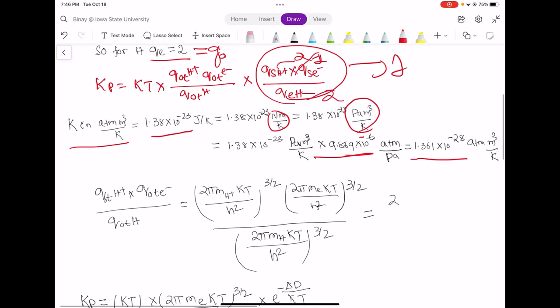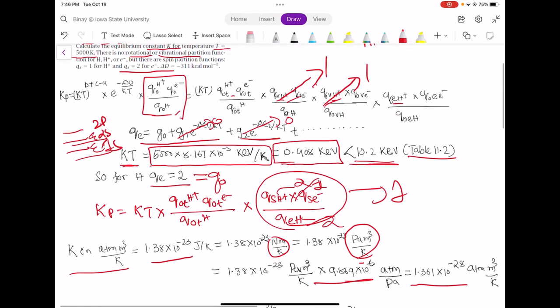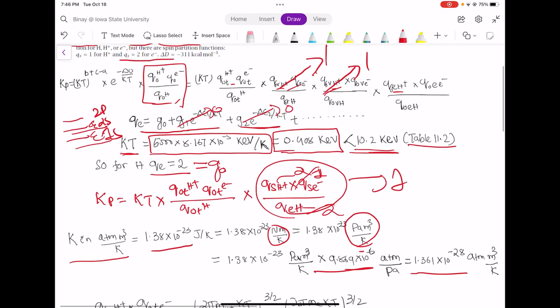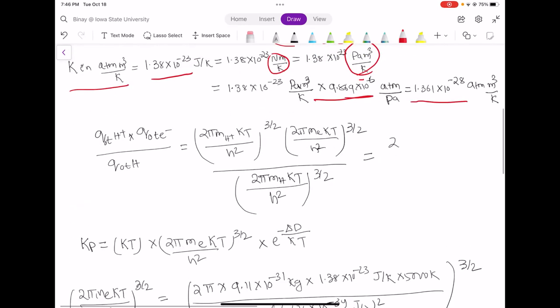So again, going to this, I will calculate this term first because this is a very big term. Q translational for hydrogen into electron divided by hydrogen would be 2 pi. I have just substituted the formula. There is no V term since this is Q naught.